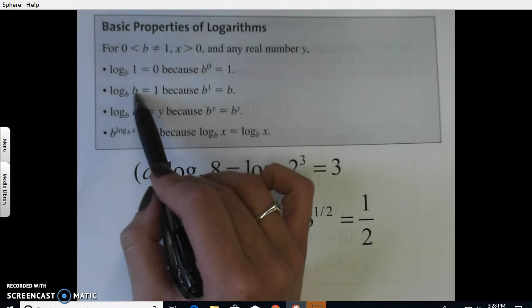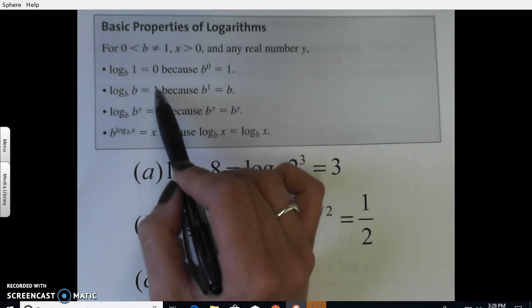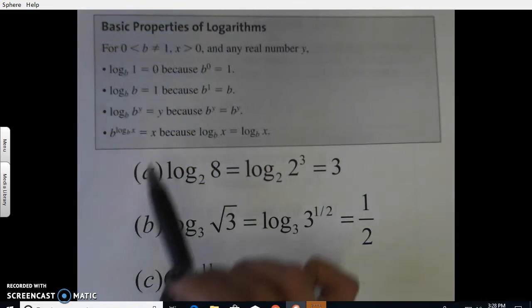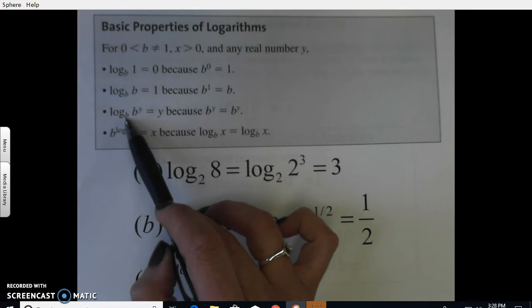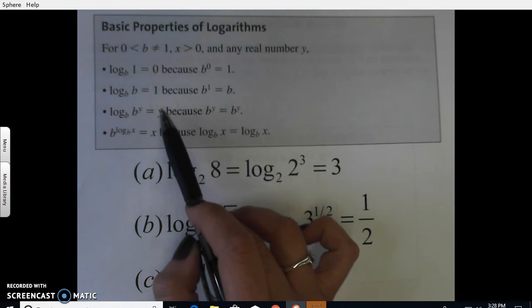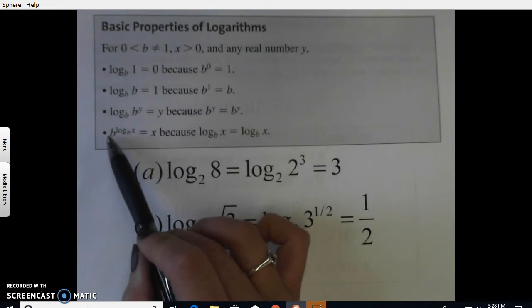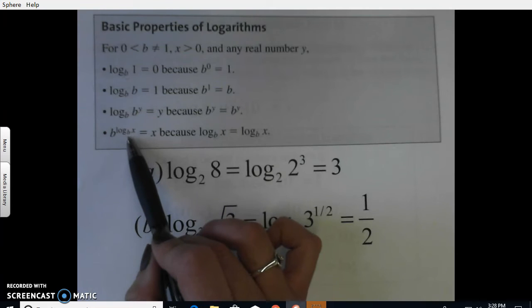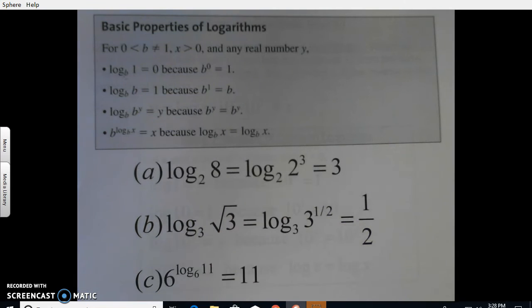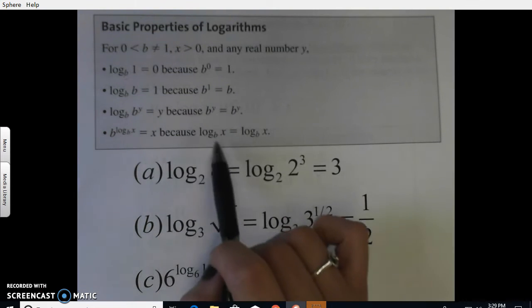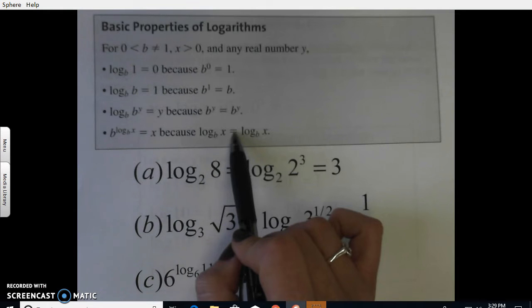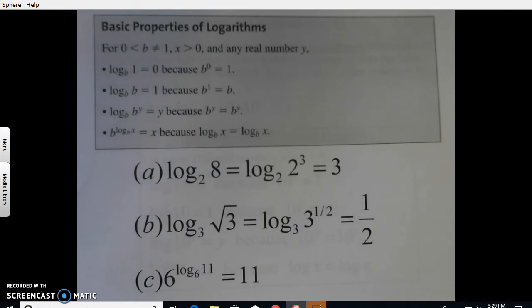Log base b of b is equal to 1 because b to the first power is b. Log base b of b to the y power is equal to y, because b to the y power is equal to b to the y power. And b to the log base b of x is equal to x, because log base b of x is equal to log base b of x.